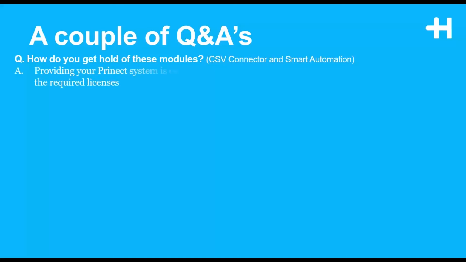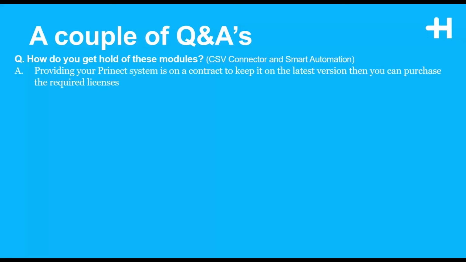So to finish off today's webinar session, I have a couple of question and answers. Firstly, how do you get hold of these modules that I've just shown you? The CSV connector, in order to take a CSV file into the Prinect workflow, and the smart automation technology, which reacted and responded to it.